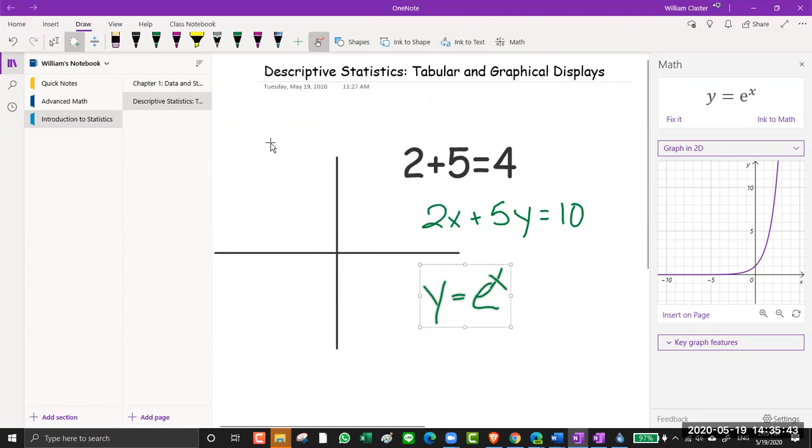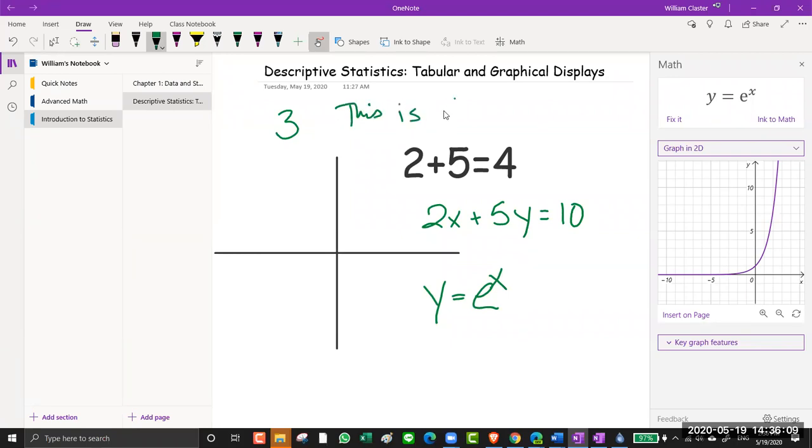And you can also do ink to text. So you can write, where was it? Here. Sorry, I have to pick a pen. And then you can do that. And now I can write this. Let's see if this will work. I don't think so.